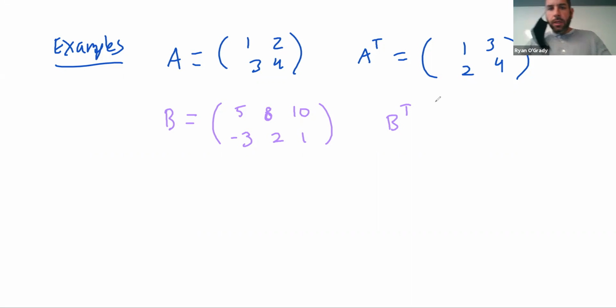Well, again, it might not be as obvious how to do it if it's not square. So one way to think about it is, instead of 2 rows and 3 columns, it's now going to be 3 rows and 2 columns. And the first entry is 5, that stays the same.